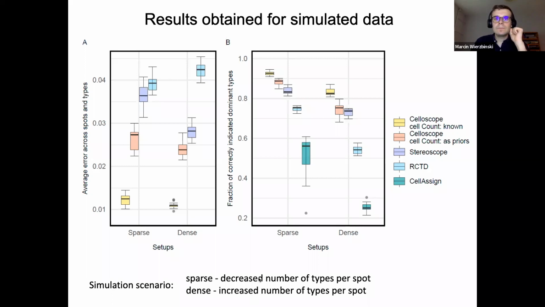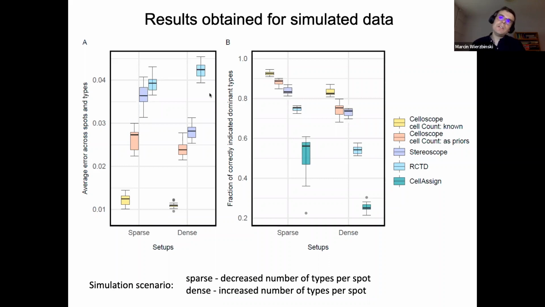and we have two scenarios. This sparse scenario, which means a decreased number of types per spot, so that our numbers are quite low, and dense, which means an increased number of types per spot.